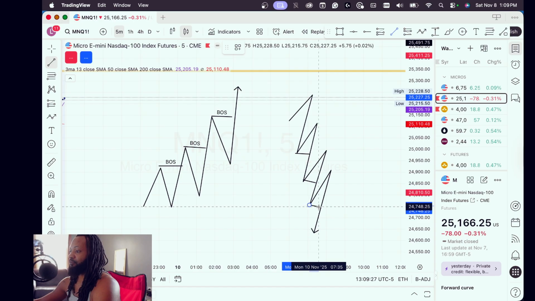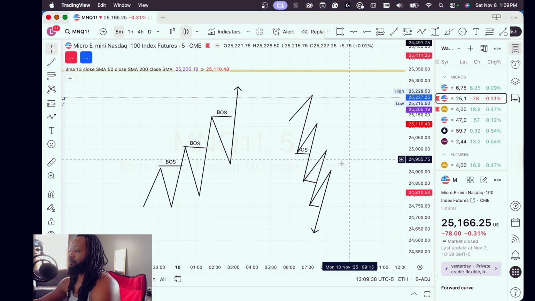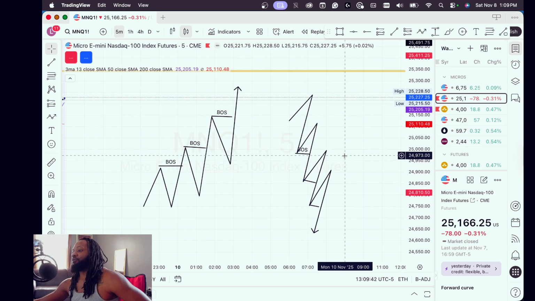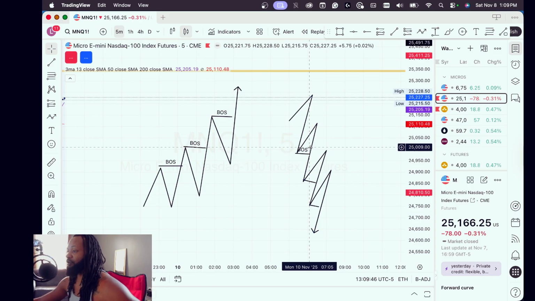That's it. It's the break of structure right here, in the downtrend. Boom, boom, boom. Break of structure.